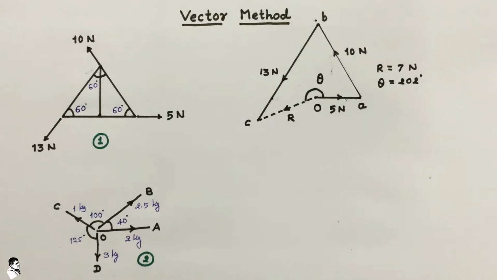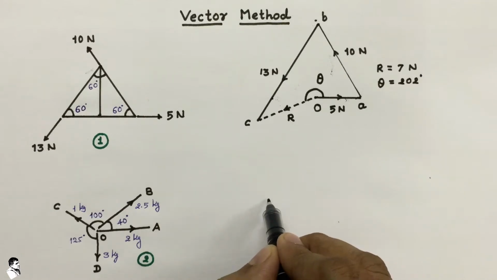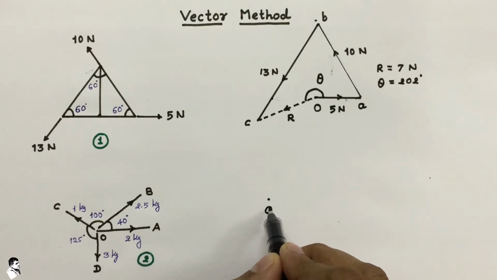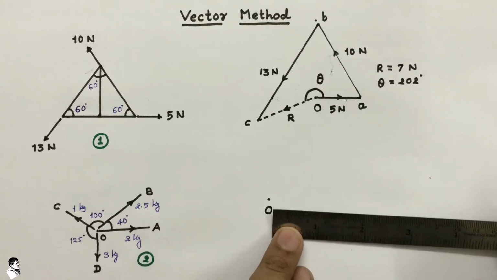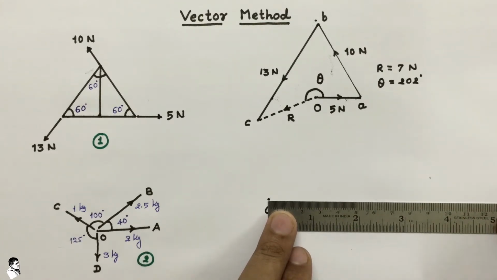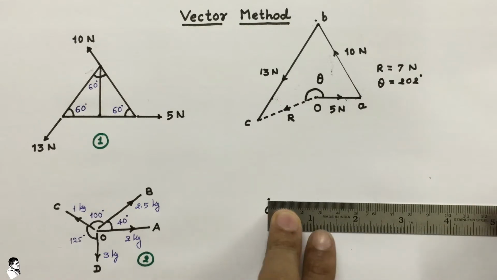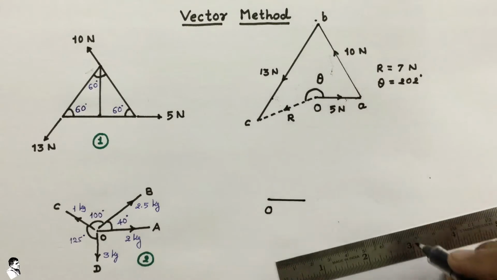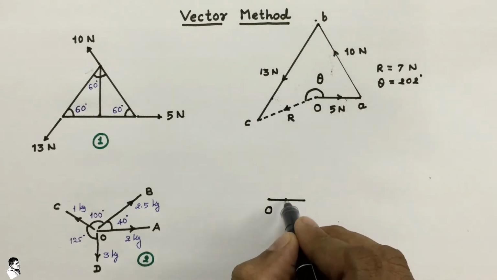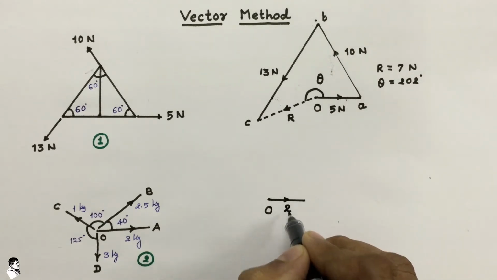Now for the second system, again we take a point here and then draw a line of the force with an appropriate scale. So here we take a scale of 2 kg equal to 2 centimeter, let us say, and that force is acting in the horizontal direction. So we put here 2 centimeter, and that is our first force, 2 kg.